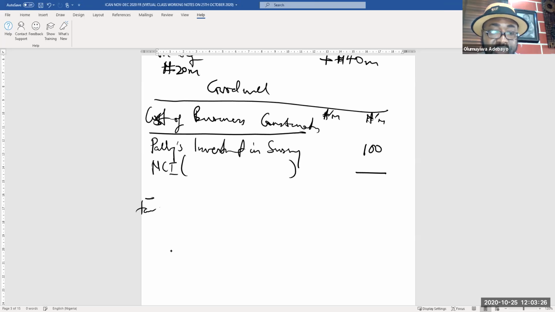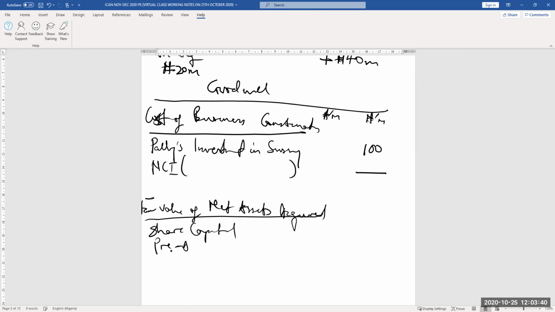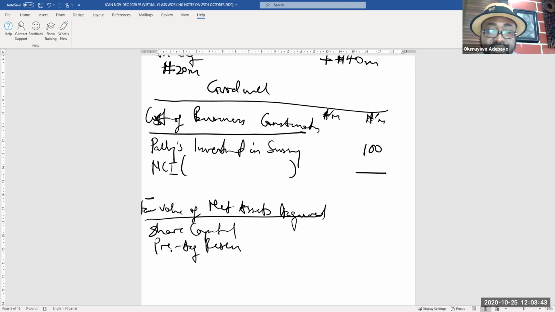What is our fair value of the identifiable net asset acquired? I remember that can be obtained through my share capital and my pre-acquisition reserves. What is my share capital? It's 100. My pre-acquisition is 20.